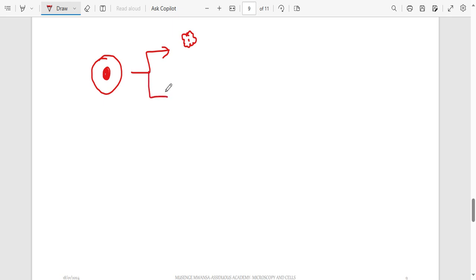If it gains water, it becomes very big. So when it gains water, it can break. So what you see is it will break like that. Okay, it breaks off. And that is called cell lysis, because it gained too much water and then it had to break. When it loses water, it becomes small. That is known as crenation.